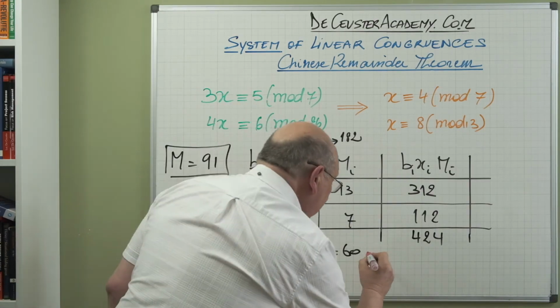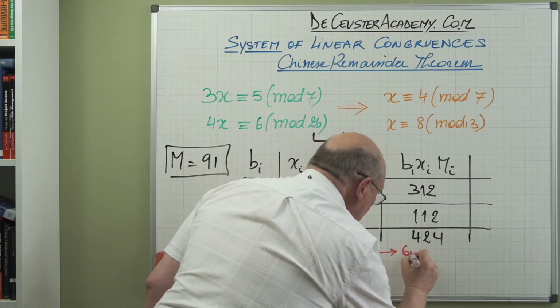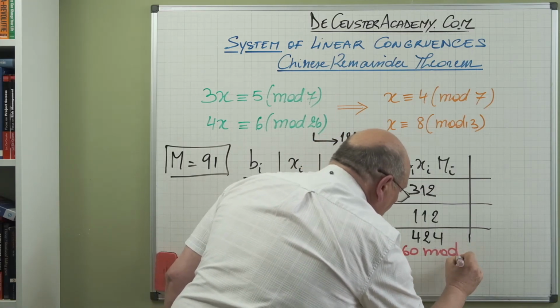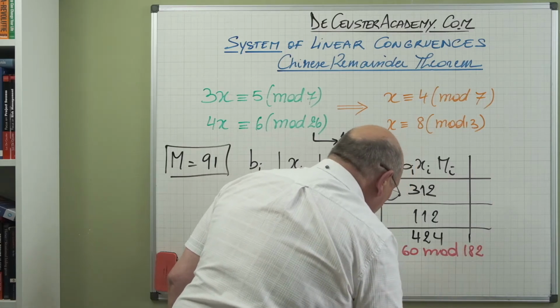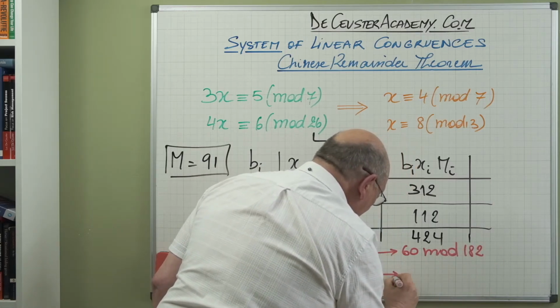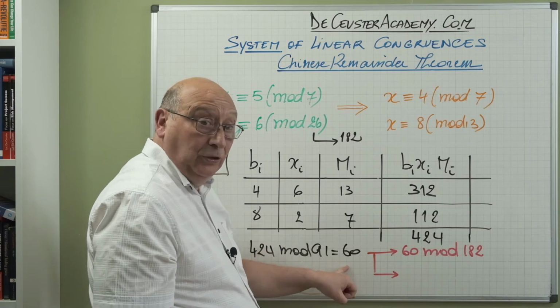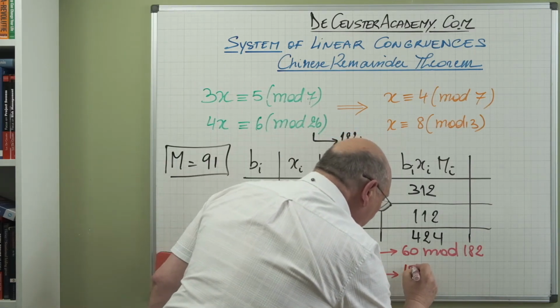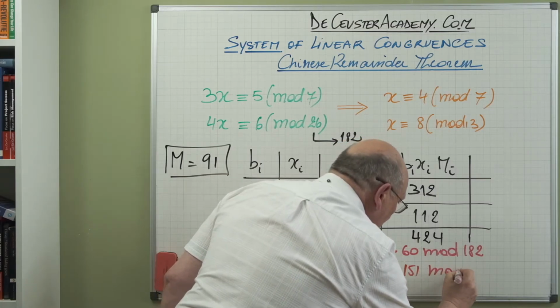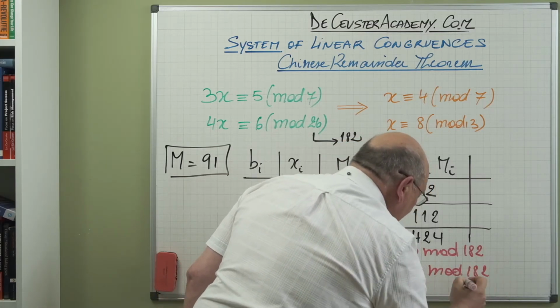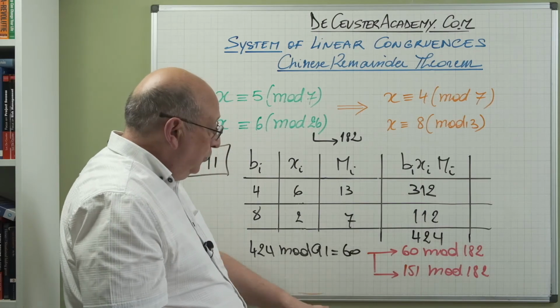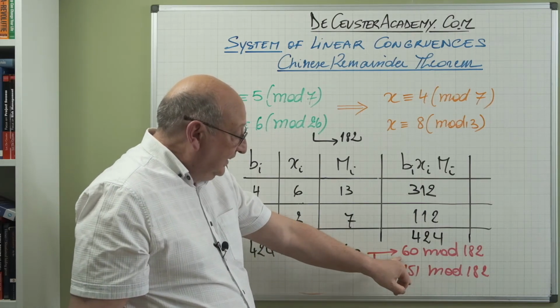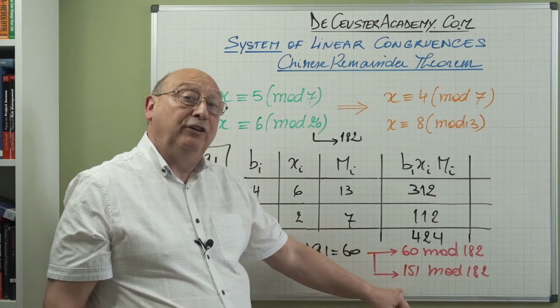And we have then 60 modulus 182. And the second one, we add 91 to this, because there is a difference of 91, is 151 modulus 182. And basically we have two solutions here, 60 and 151.